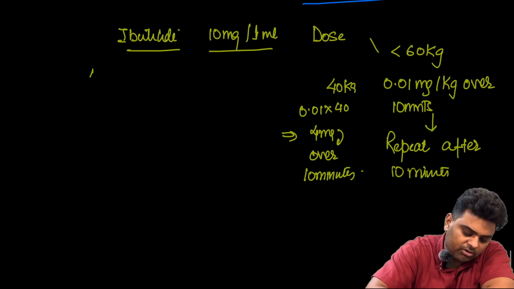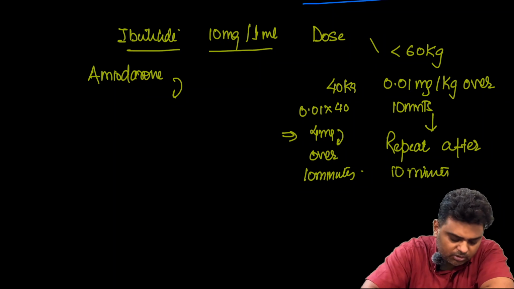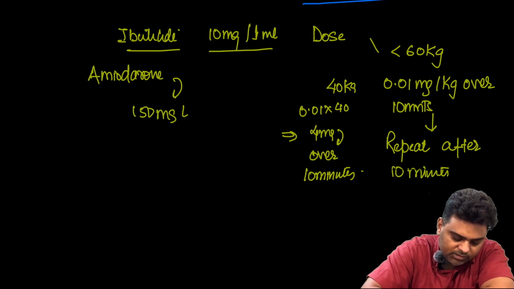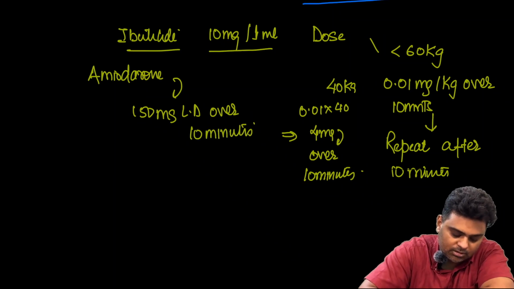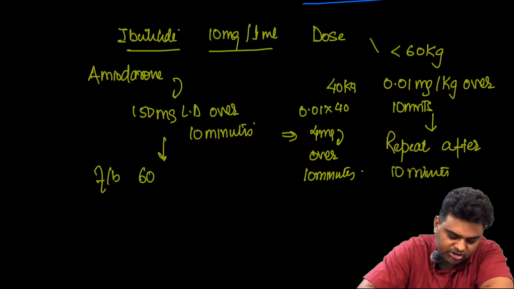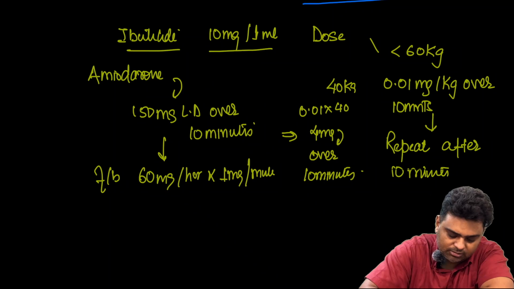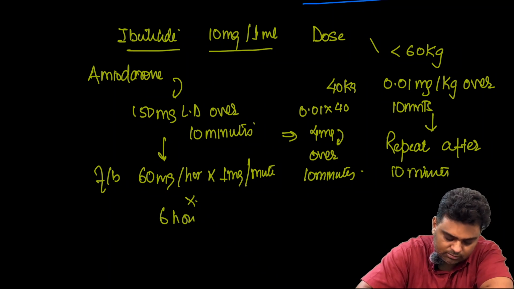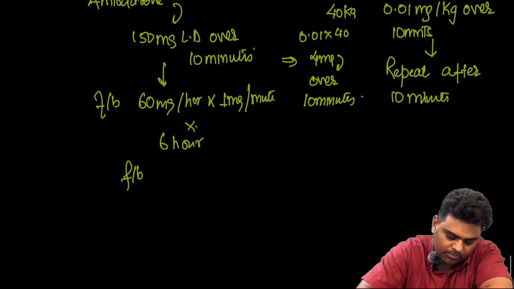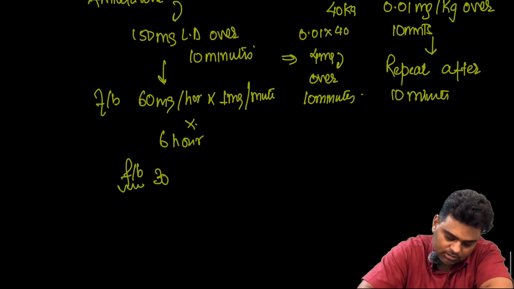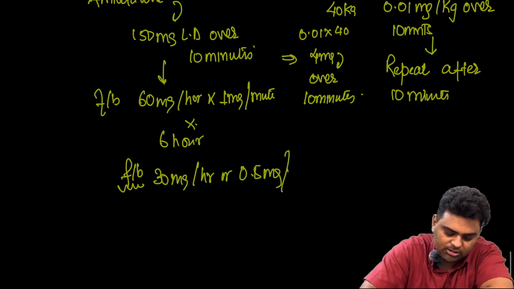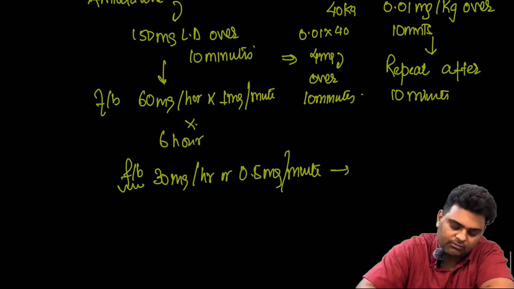Now coming to amiodarone, the dose, which most people must be knowing, is a 150 mg loading dose over 10 minutes, followed by 60 mg per hour, or you can say 1 mg per minute, for 6 hours, followed by 30 mg per hour or 0.5 mg per minute for 18 hours.